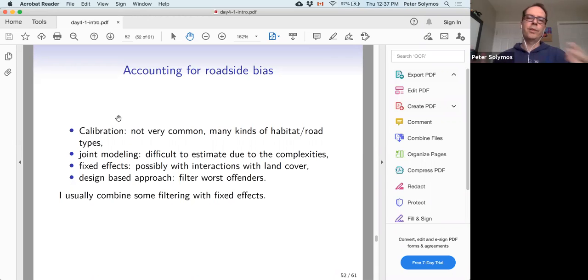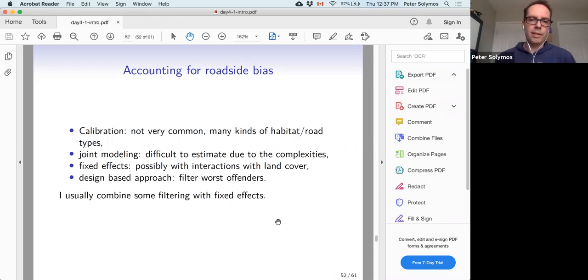And you can also filter some roads which you say, well, highways are really different environments. Probably I shouldn't treat them the same way as other linear features in the middle of the forest. So you can filter some of the data and use it as a fixed effect combined with offsets. That's what I do in most of my work. It's not perfect, but it gets 90% of the way.